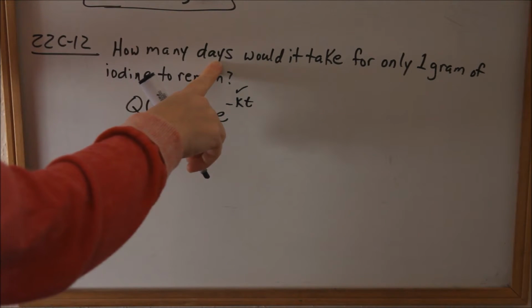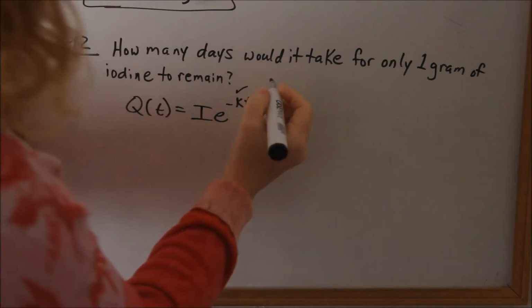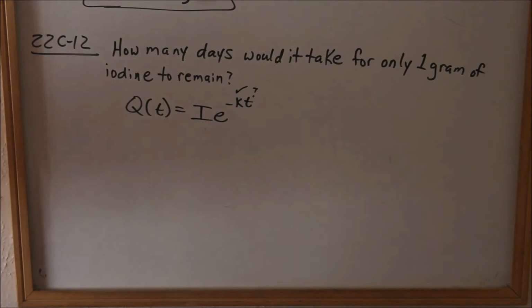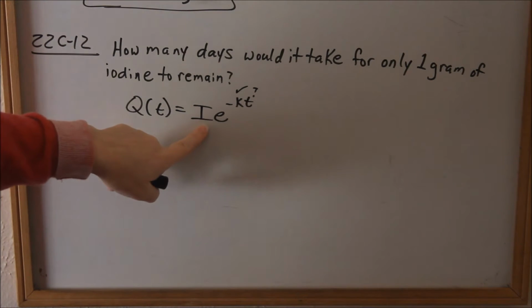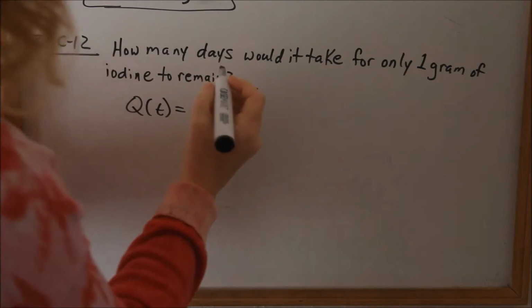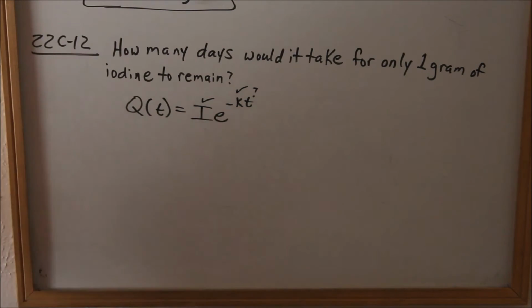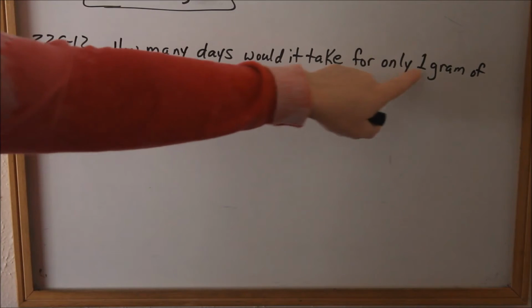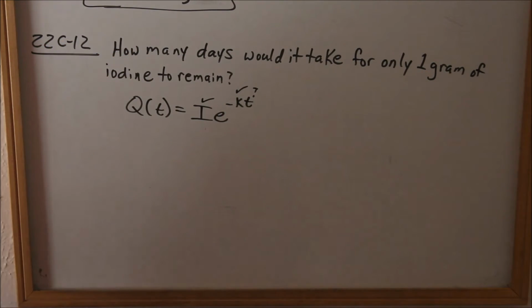How many days? That's what we're looking for. So we're looking for our time. The t is what we don't know. We still know our initial amount. That didn't change at all. Our initial amount was still 6 grams. It says, how many days would it take for only 1 gram of iodine to remain?